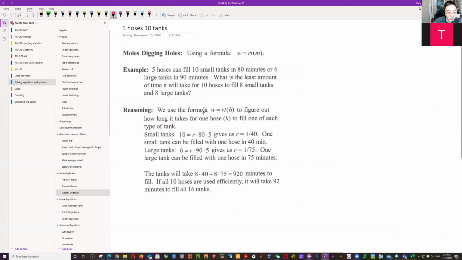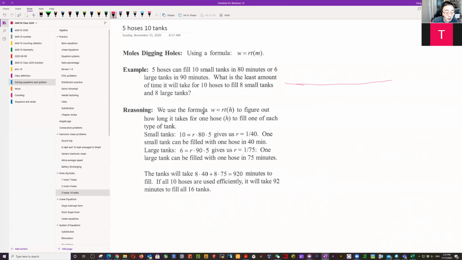For example, like 5 holes. And if we use this, we actually will introduce a new concept that it has a small tank and a bigger tank.